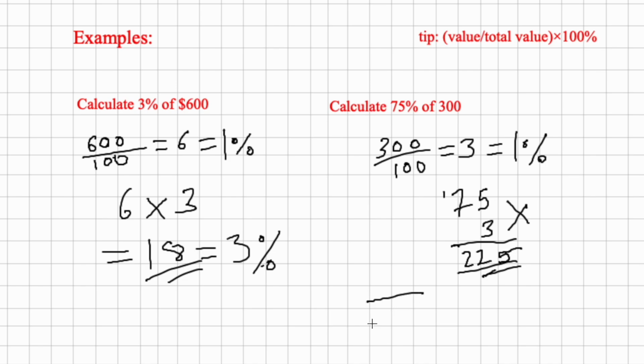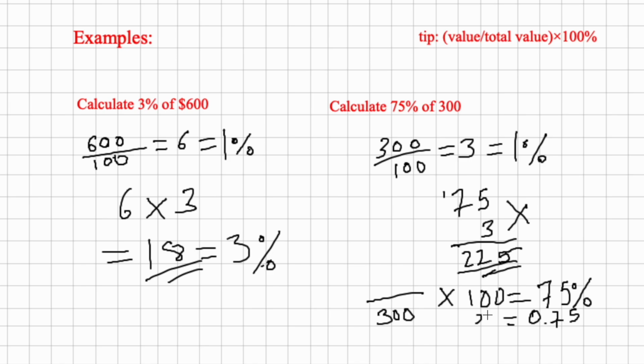Okay, so if we use this method now, let's do it down here. So our value is 300 times by 100 equals 75%. And if we obviously divide it by 100, it gives us 0.75.